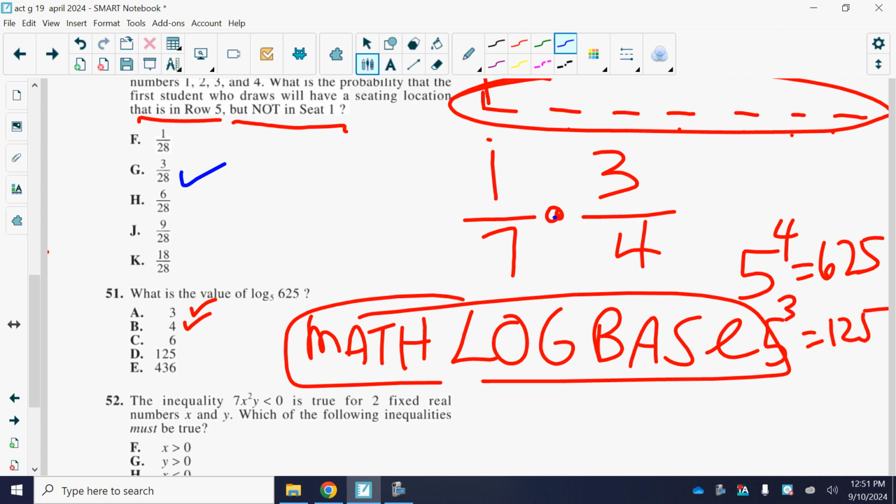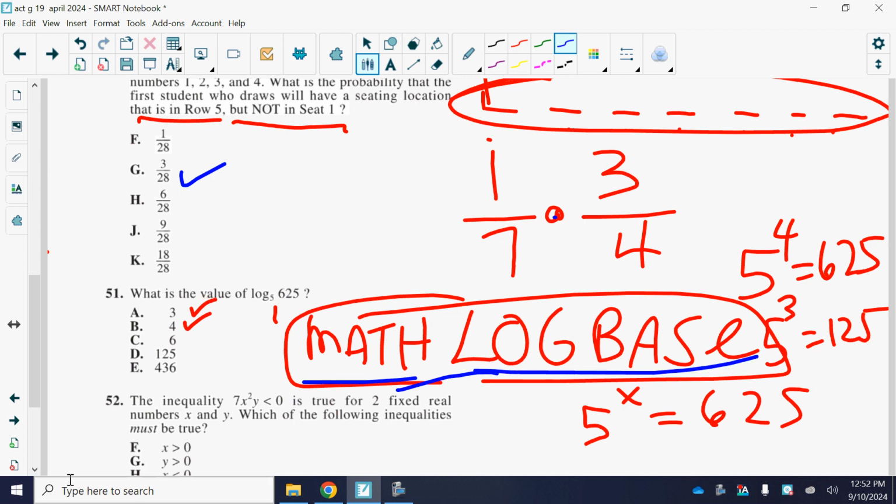Y'all know how to do logs, huh? It's 5, the base, to what power gives you 625. A lot of elaborate ways, but we've got the calculator now. Plug that into math log base. Hit math first. It's down toward the bottom, log base.